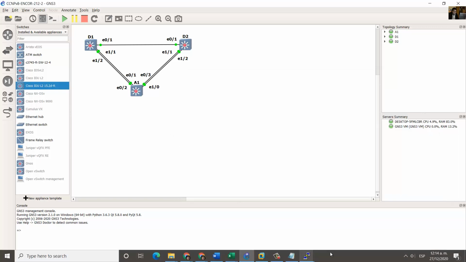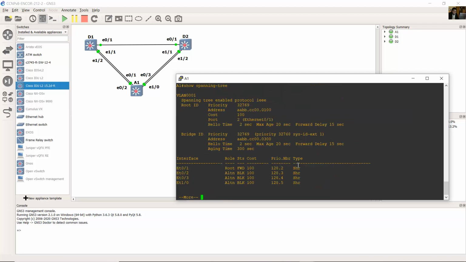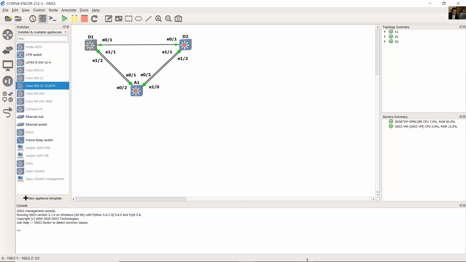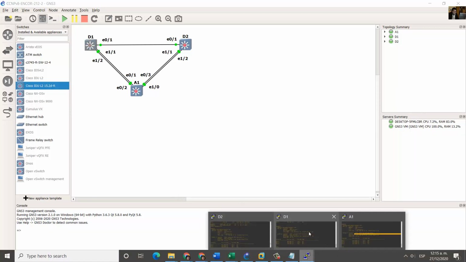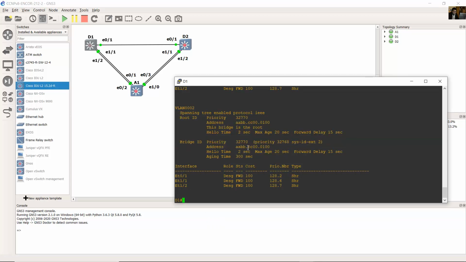Okay, and go to A1, show spanning tree, and the local bridge ID is AABBCC000300. So D1 is the root bridge because the MAC address is the lowest value. Okay, this 01 is the lowest value.